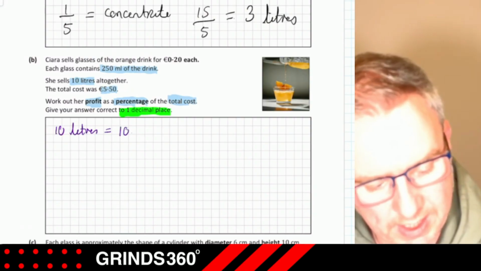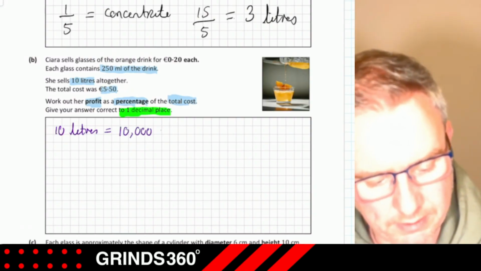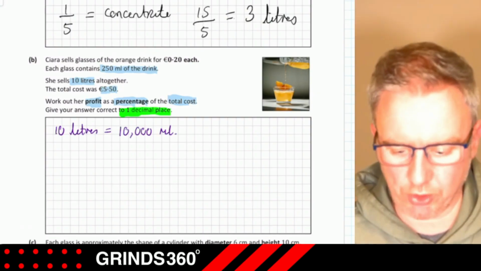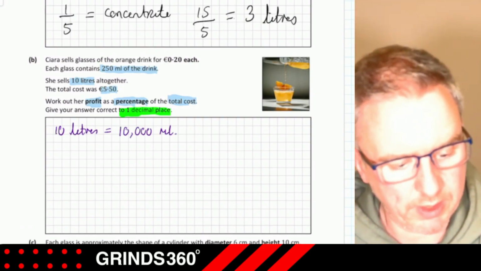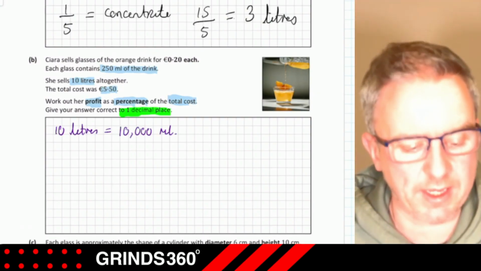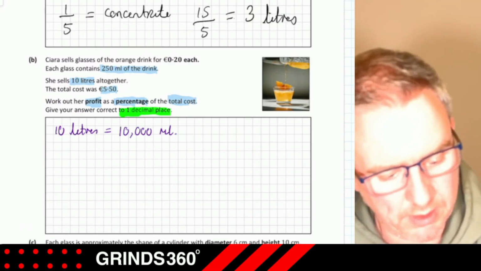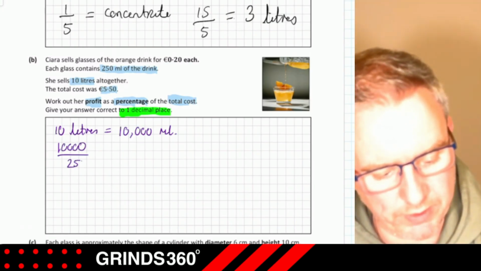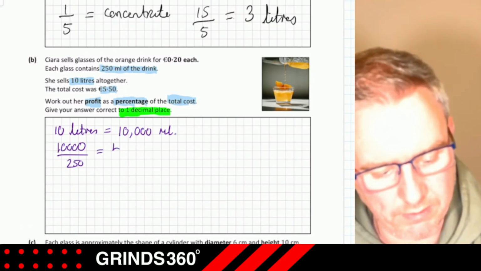So that's going to be 10,000 millilitres, okay? So I have my total and I'm showing that, all right? Now, if each glass contains 250, I'm saying 10,000 divided by my 250, that gives me 40 glasses.